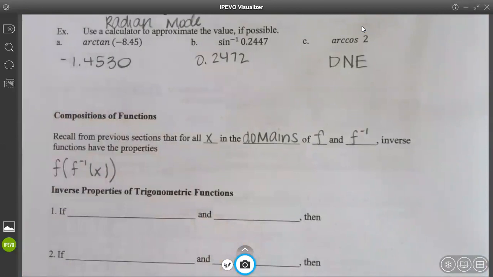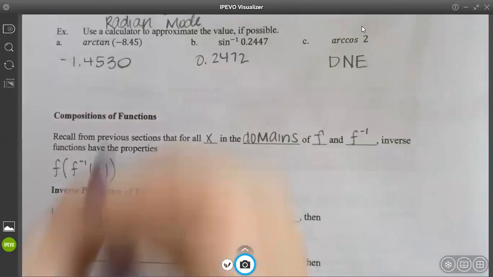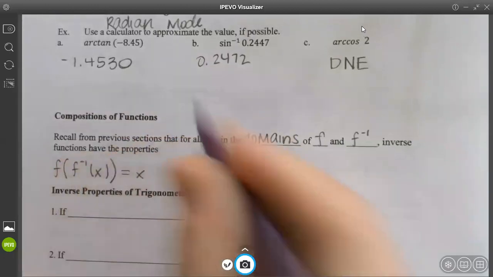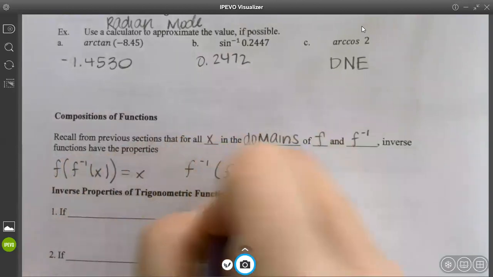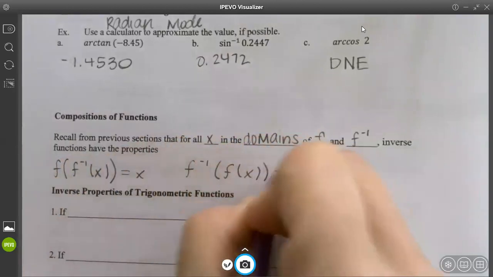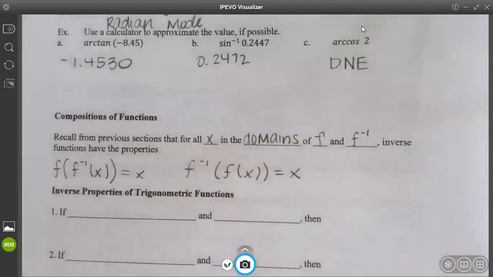Or the g and the little open circle and f? So that's what it is. If you plug one into the other, it will reduce to x. And then you plug the other in, reverse it, should also give you x. When you plug them into each other, they should both reduce to x.